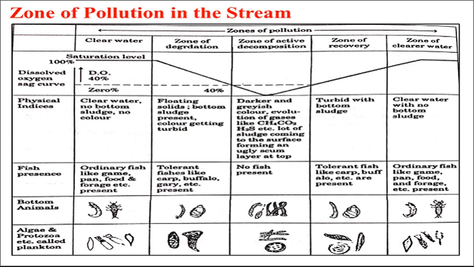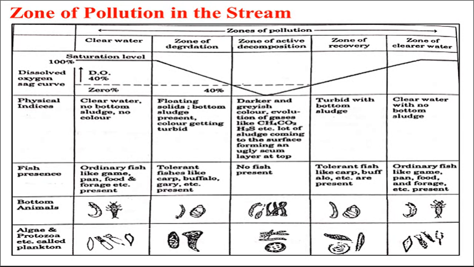In this sketch various zones are shown. First one, clear water, then zone of degradation, zone of active decomposition, zone of recovery and zone of clear water. Now see, before disposal of wastewater into the stream, that zone we can call a clear water zone.